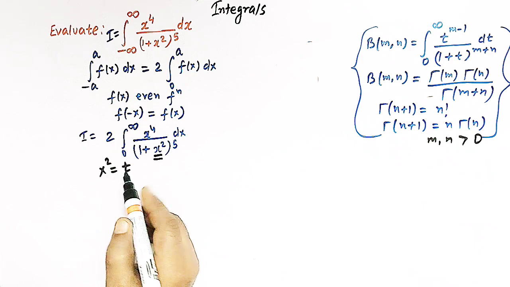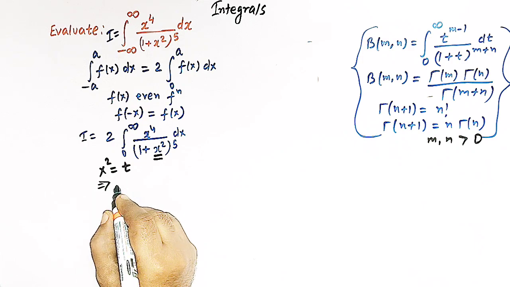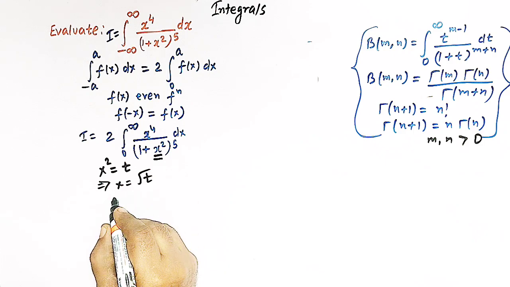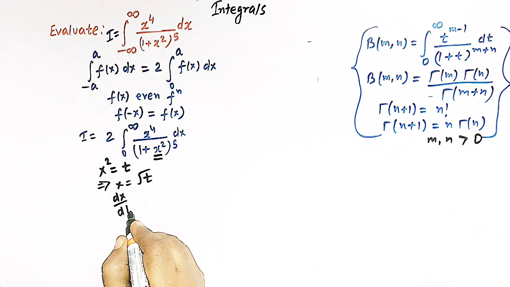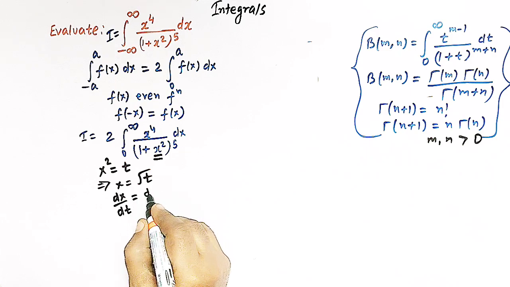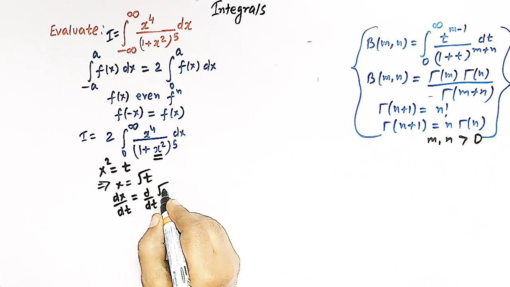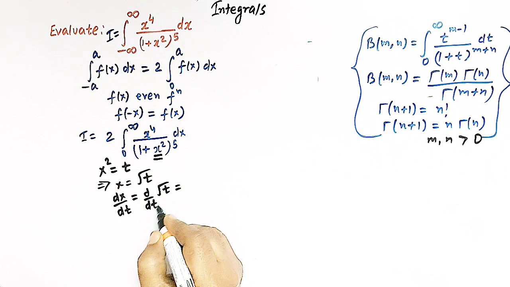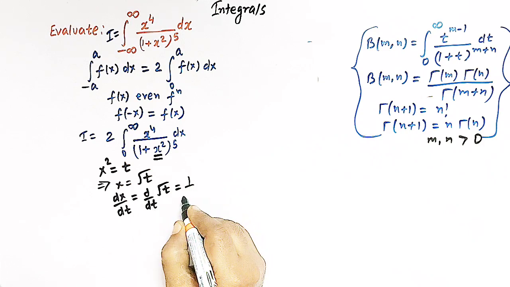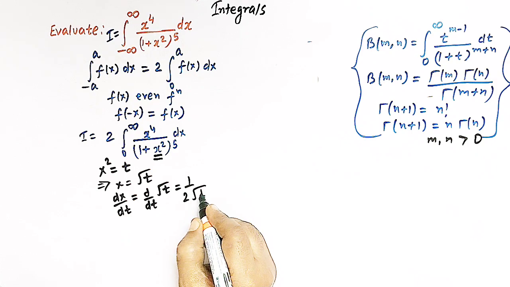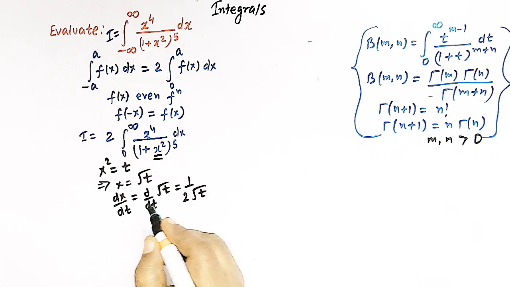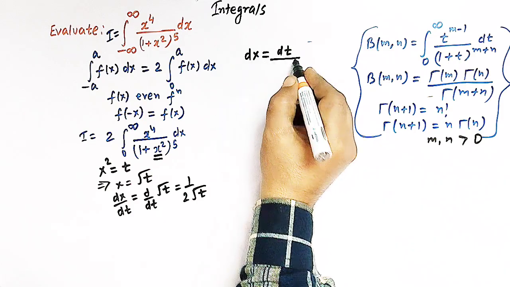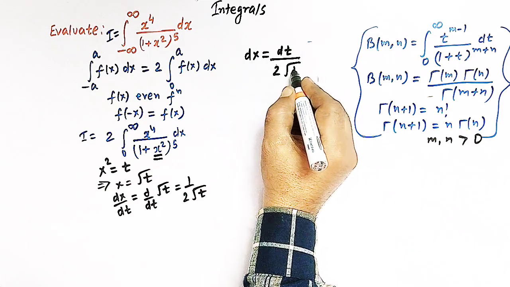So x square is equal to t, which implies that x is equal to square root of t. Now let us differentiate x with respect to t. dx over dt is equal to d by dt of square root of t, which is 1 over 2 times square root of t. So we can write dx is equal to dt over 2 times square root of t.